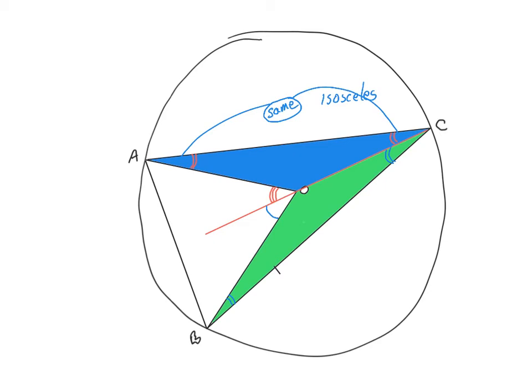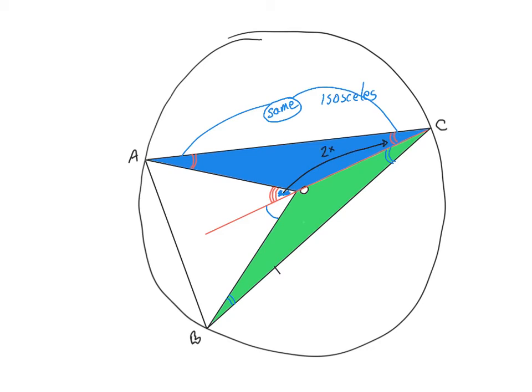So if this angle here is equal to those two together, it must also be equal to twice one of them.